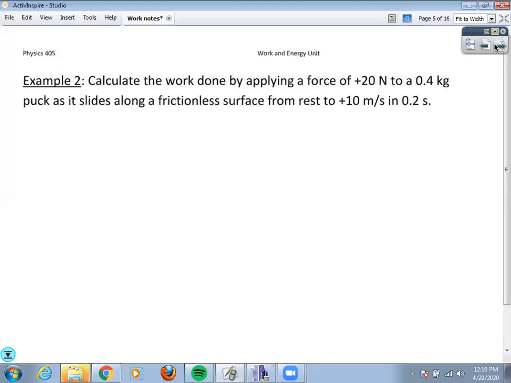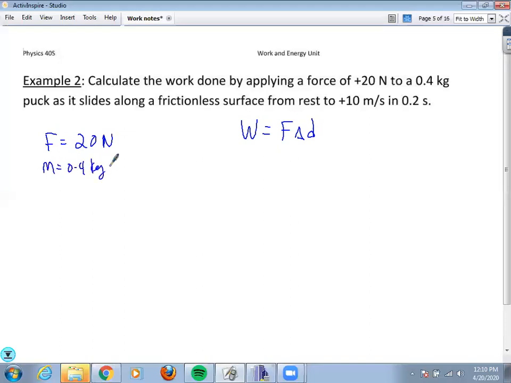Okay. So work equals F delta D. We know force is 20 newtons. We know the mass of the puck is 0.4 kilograms. We could find the acceleration if we wanted to. We could go a equals F over m. Okay, but we'll see if we need to do that.